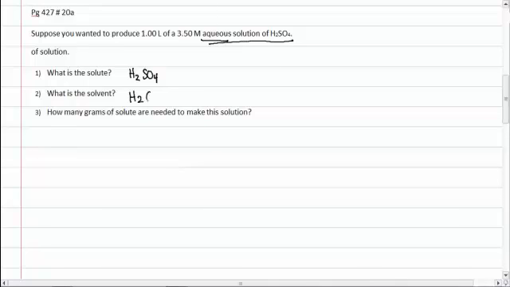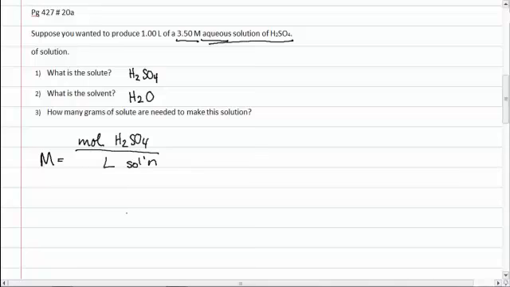Finally, it wants to know how many grams of solute are needed to make the solution. There's 2 ways we can approach this problem. The first way is we can use the equation we used in the last problem, which is molarity equals moles of solute, which we now know are H2SO4, over liters of solution.